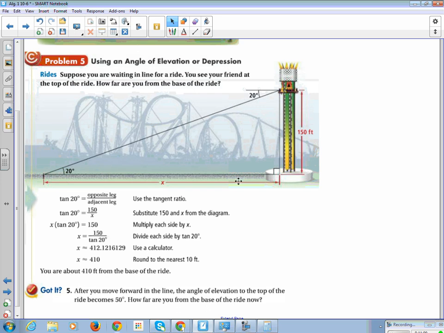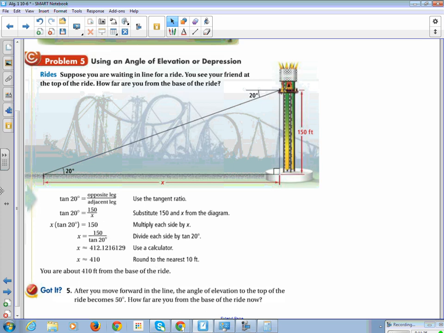How far are you from the base of the ride? And because you have nothing to do but watch the informational flyers on your way in the line, you know that it's 150 feet tall, and I think you've gotten your protractor out and calculated that it's a 20 degree angle of elevation.